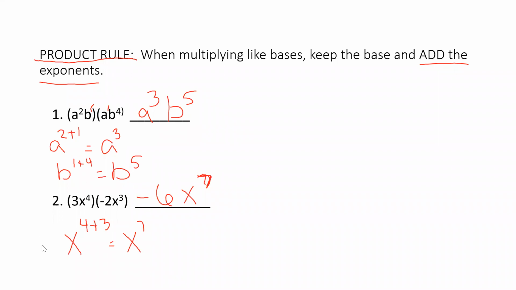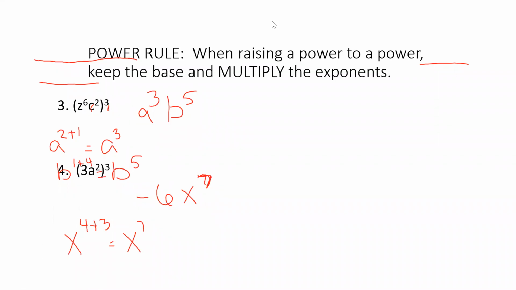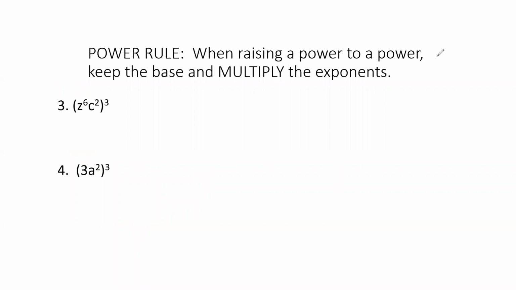So the next rule we're going to look at is called the power rule. Instead of two parentheses next to each other, this one has an extra exponent on the outside, usually in the back. Power rule: when raising a power to a power, you keep the base and multiply, this time, the exponents.